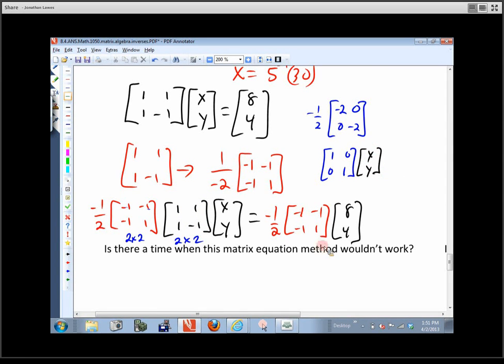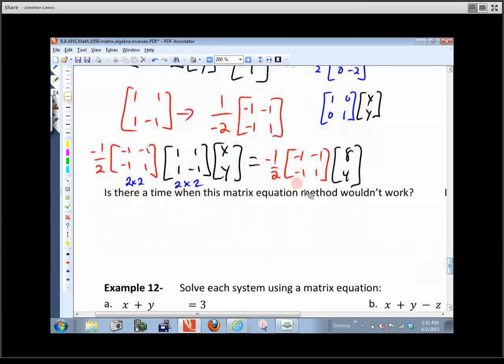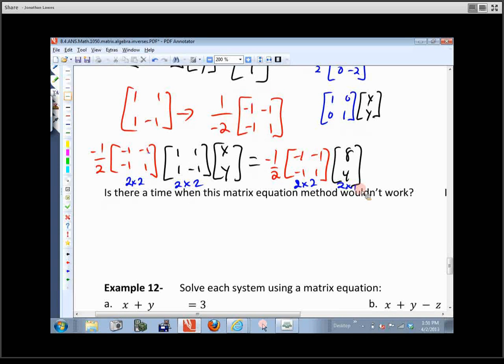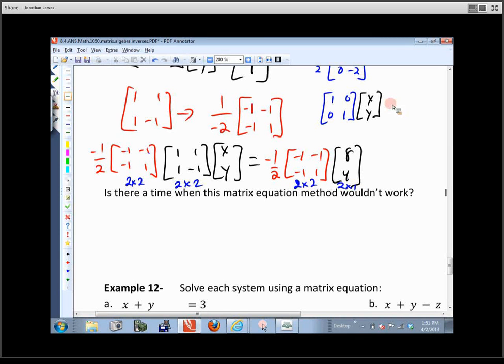And then let's do the other side here. Can I multiply a 2 by 2 by a 2 by 1? Yes, I can. What do I end up with? I end up with a 2 by 1. Okay, so I'm going to have a 2 by 1, and we're going to have a -1/2 sitting out in front. So this is going to be first row, first column.